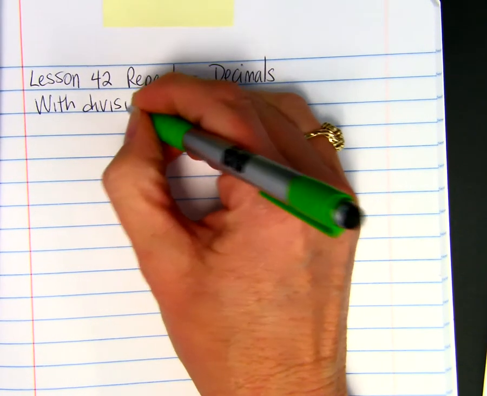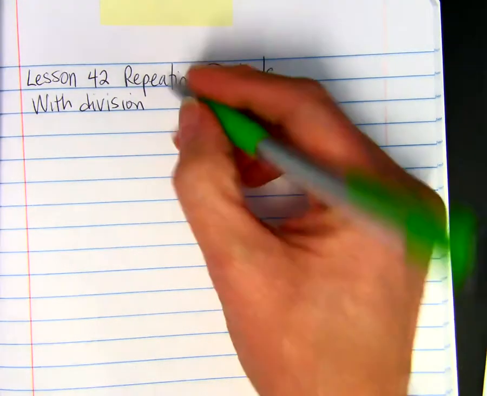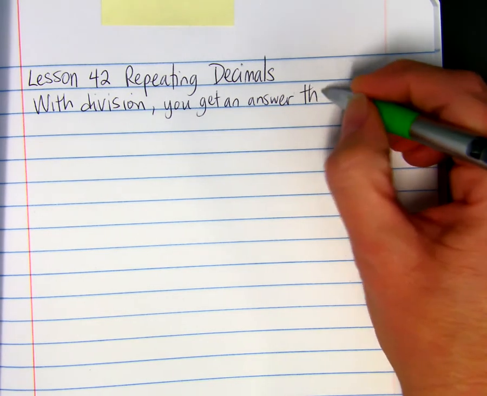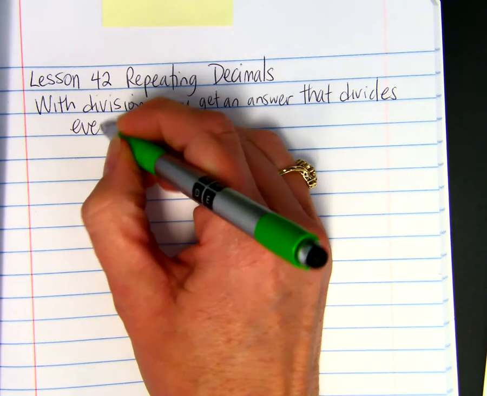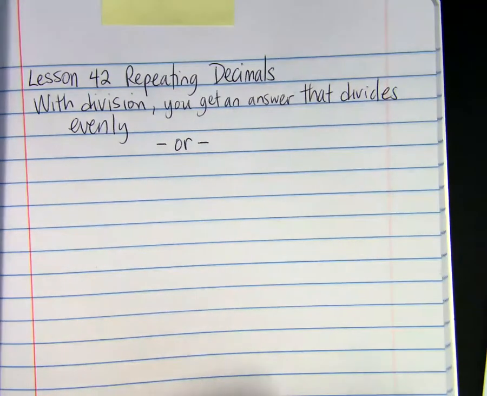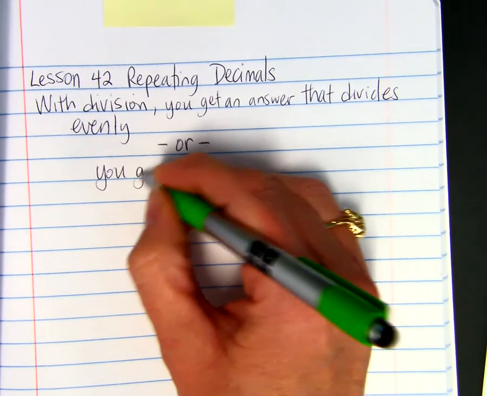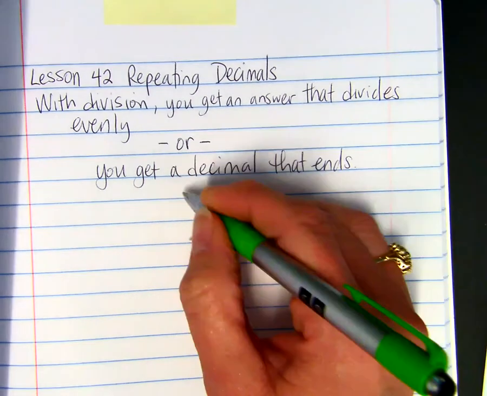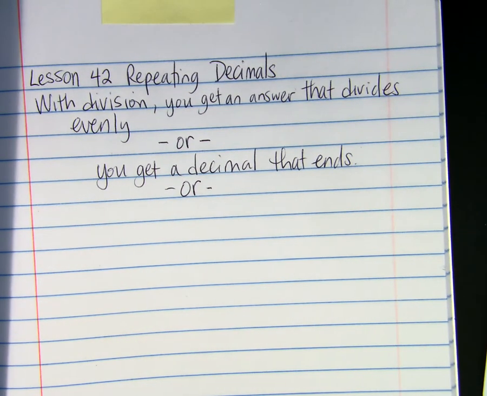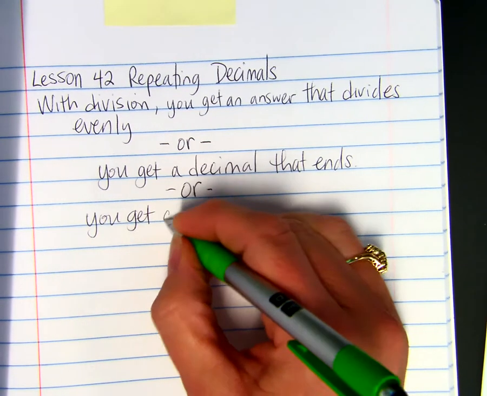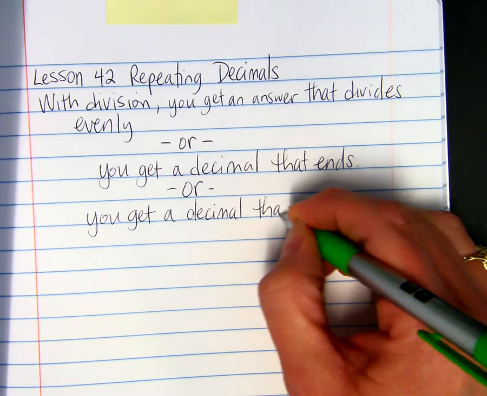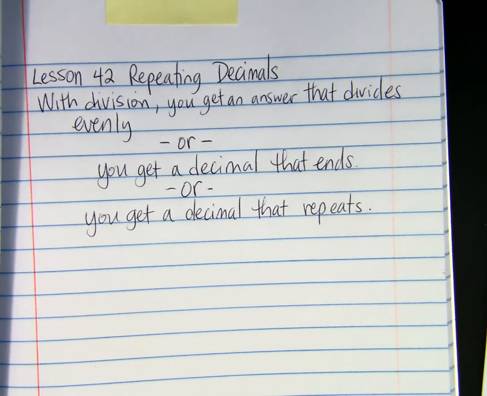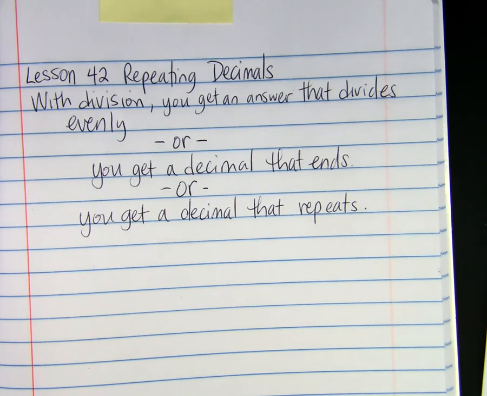So with division, you get an answer that divides evenly, or you get a decimal that ends, or you get a decimal that repeats. Today we're talking about decimals that repeat.